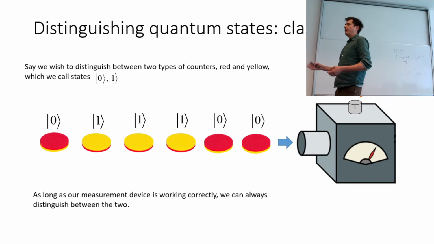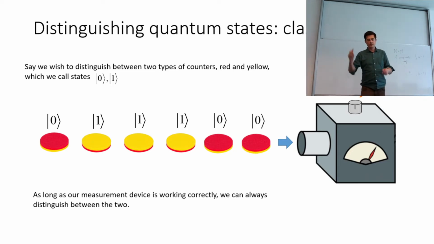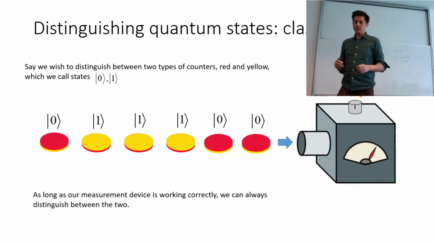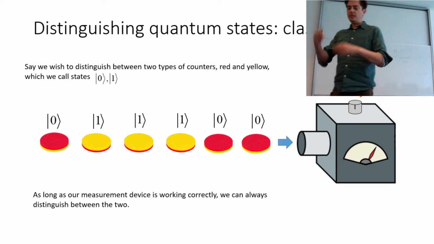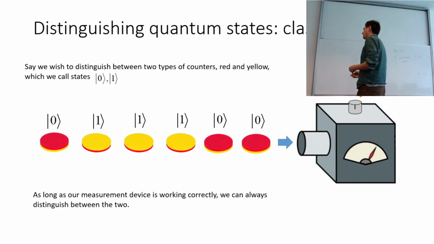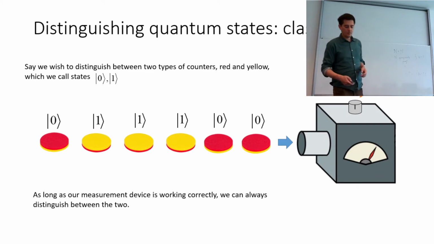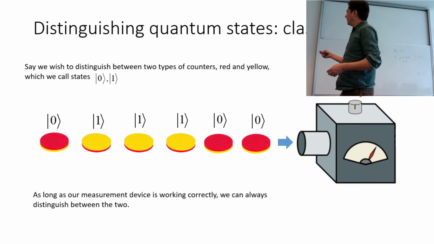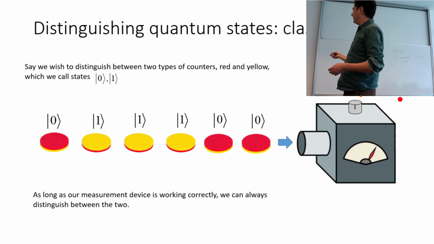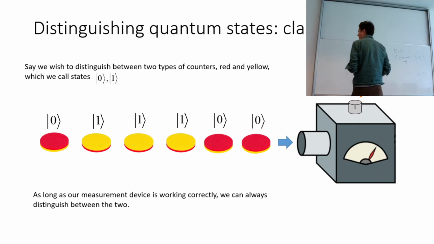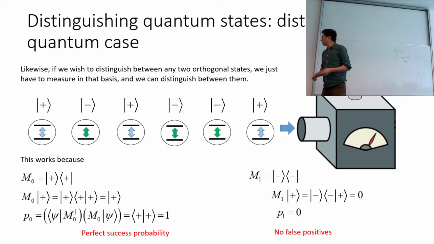You've got some information in the memory of your computer, and if it needs to access some information, it will just read it, right? Reading it is basically a perfectly doable process. So in this language that we've built up, this means you're measuring states like 0 and 1, and the measurement is in this basis, and you can do this with 100% success.